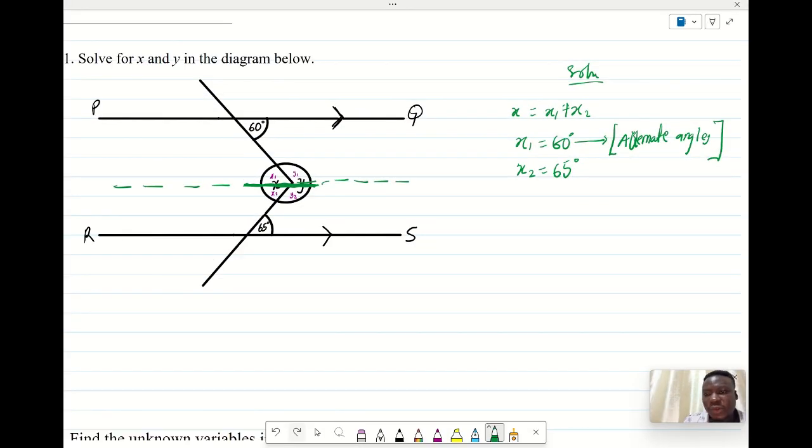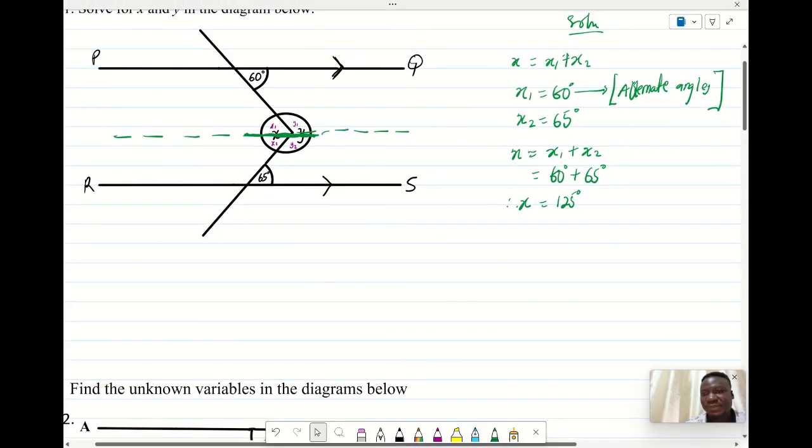We can conclude that X, since it is equal to X1 plus X2, is going to be 60 degrees plus 65 degrees. Therefore, X is equal to 125 degrees. We are done with the value for X.